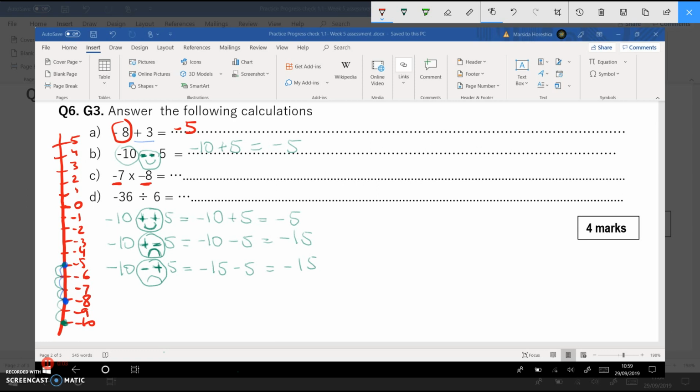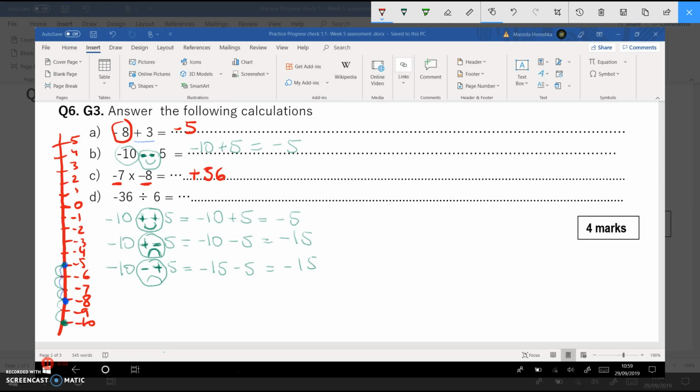So a minus and a minus, they're both negative, so both the same. That means the answer will have a plus. 7 times 8 is 56, so the answer is just 56. You don't need to have a positive sign in front, but it does not matter if you do.